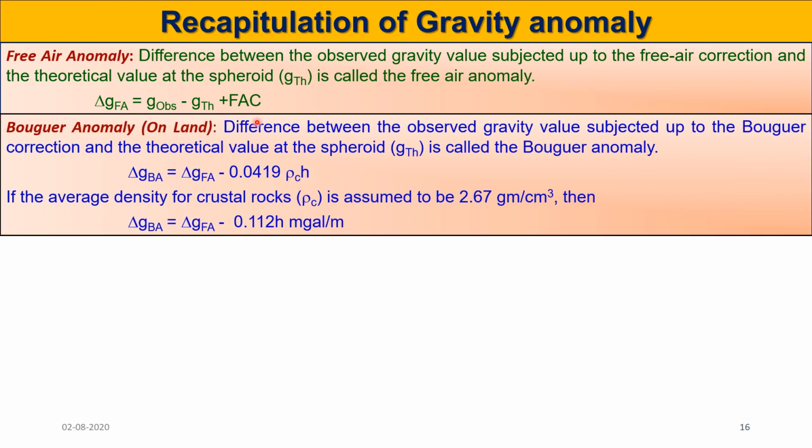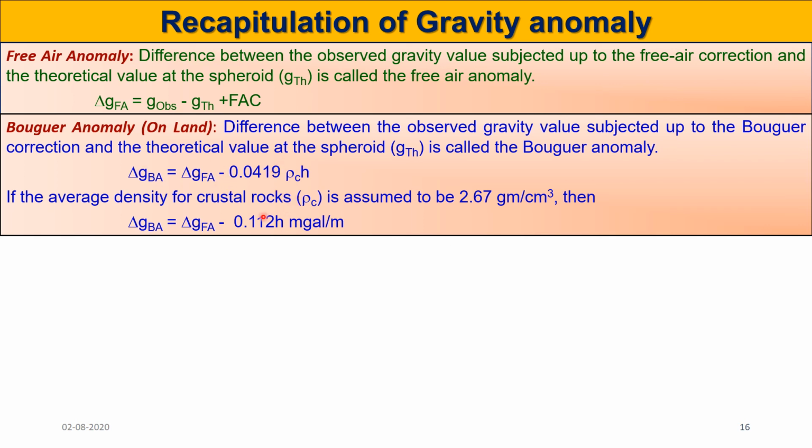Next, we have the Bouguer gravity anomaly. From the free air anomaly, we subtract the value of the infinite slab, that is 0.0419 into rho into h. So the extra gravity value for the extra mass of attraction has to be subtracted from the free air gravity value, that gives rise to the Bouguer anomaly.